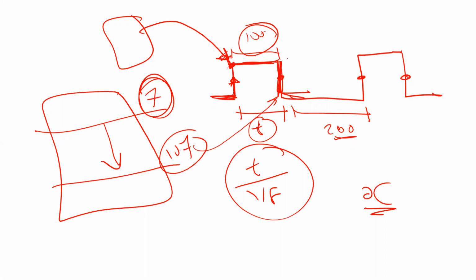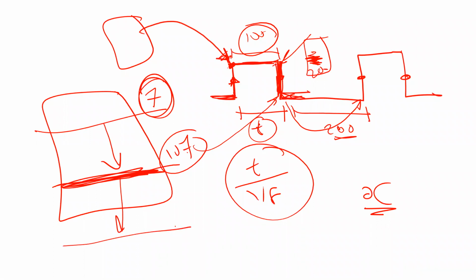Once this toggle is done, you are also going to trigger an interrupt. In this interrupt, this time I'm going to say, please, the next toggle is after 200, right? So if the current count now is 107, I'm going to say the next toggle should be at 307. At 307, please toggle.